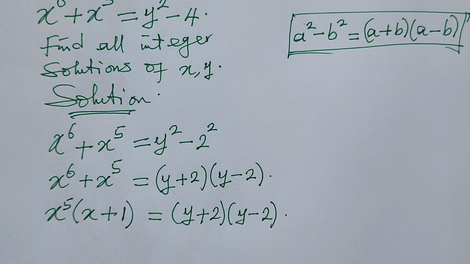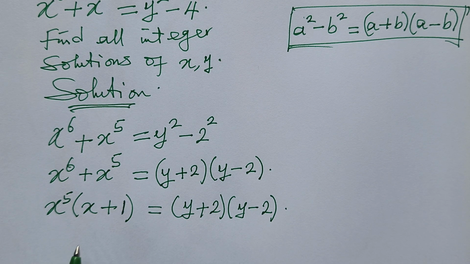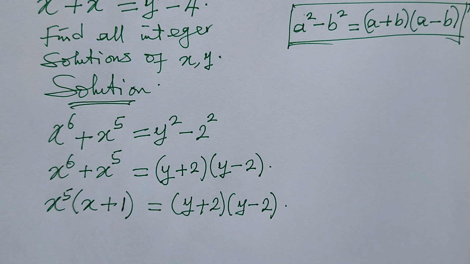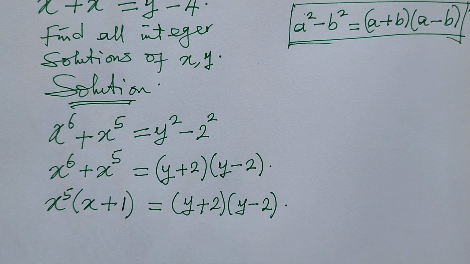Again, what if x is odd? Then x to the power of 5 will be odd, but x plus 1 is even. And if x is even, then x to the power of 5 is even and x plus 1 is odd.